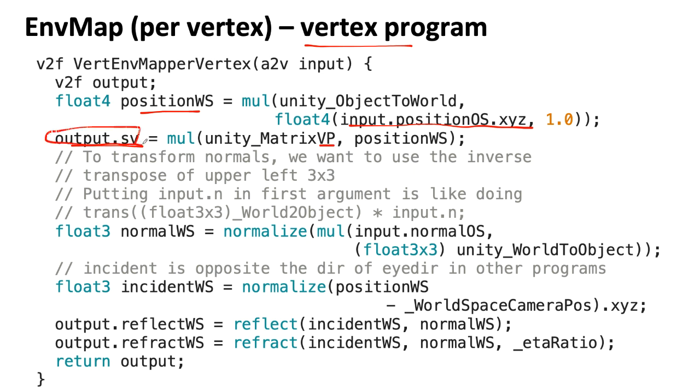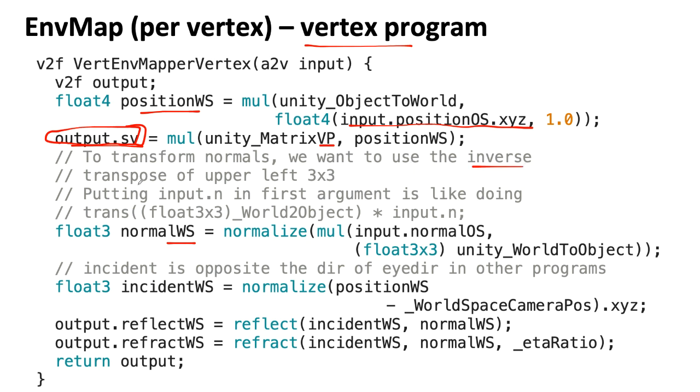This coordinate in clip space is used by the GPU hardware to figure out where pixels on the screen should go, regardless of whether or not we use that information in the pixel shader. We transform the vertex normals into world space, and remember that transformation is a bit weird.